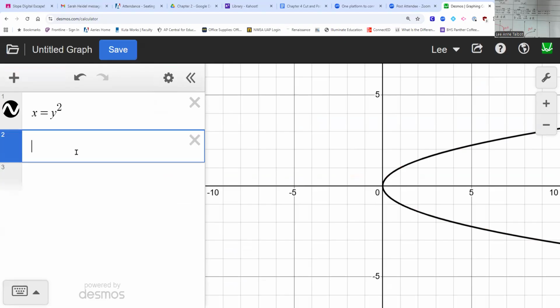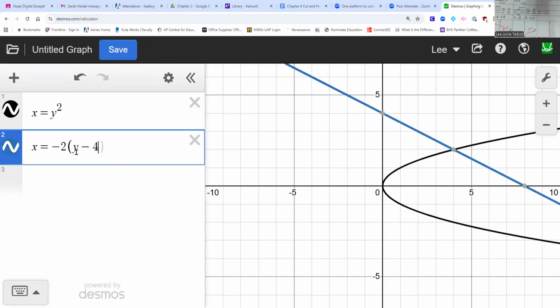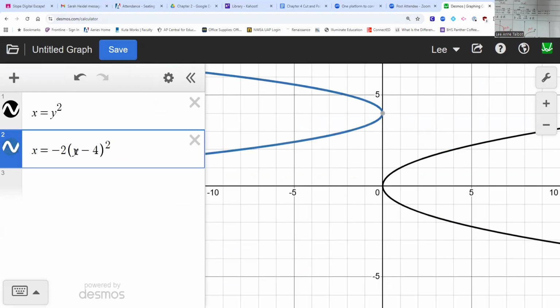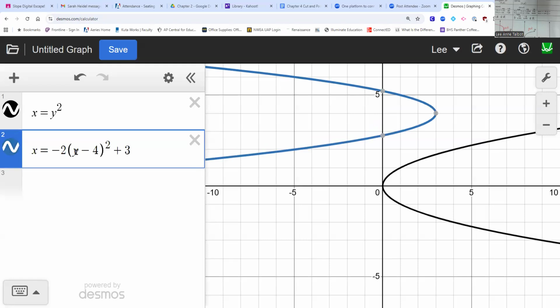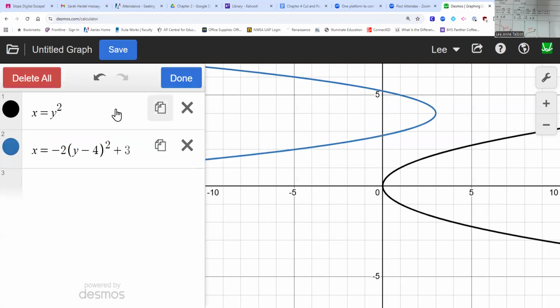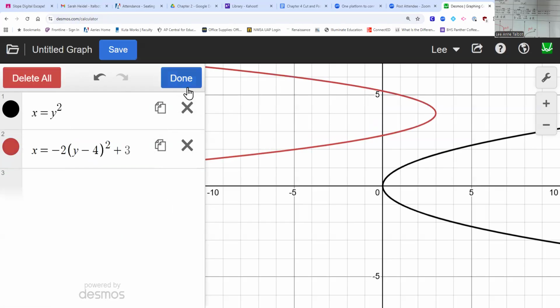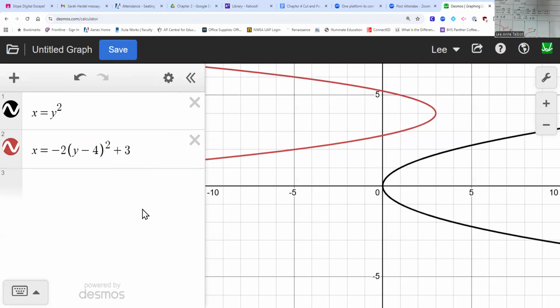Okay, so x equals negative 2 times y minus 4 squared plus 3. Okay, so you've got your point 3, 4.